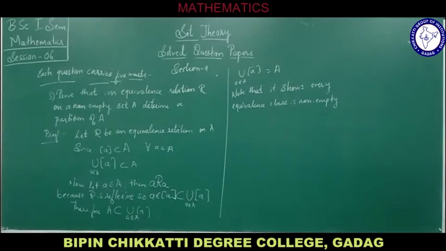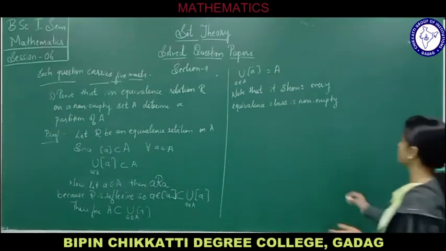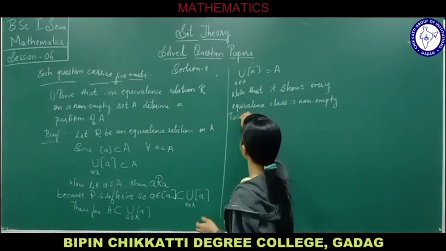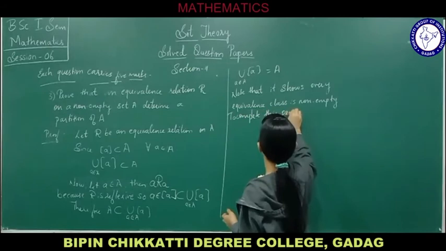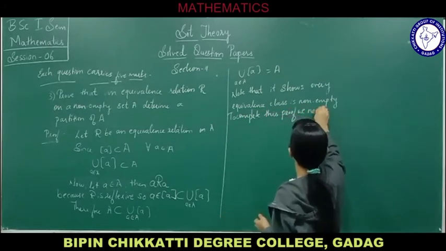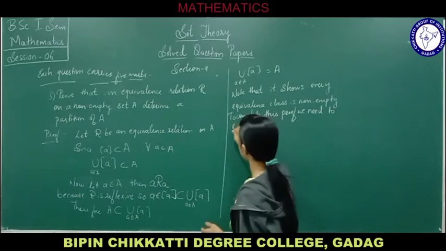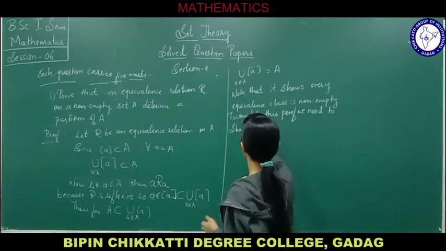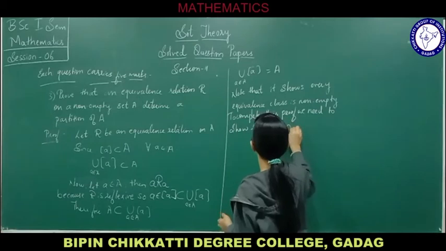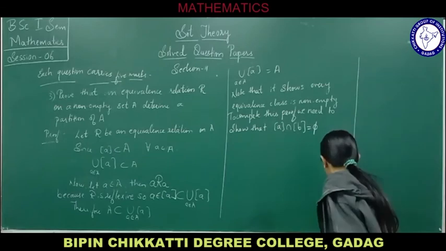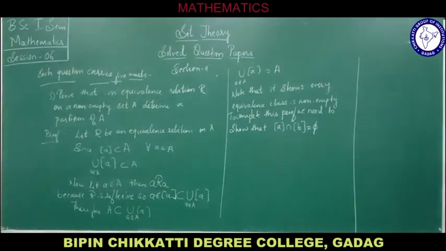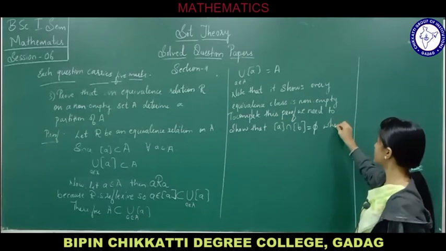To complete this proof, we need to show that A intersection B is an empty set when A is not equal to B. What is the condition?